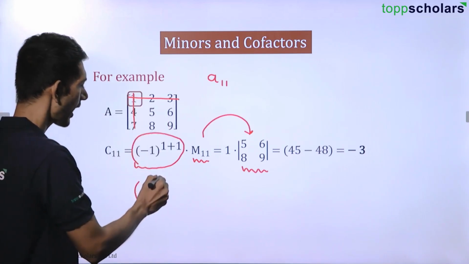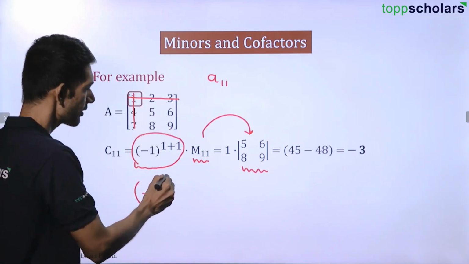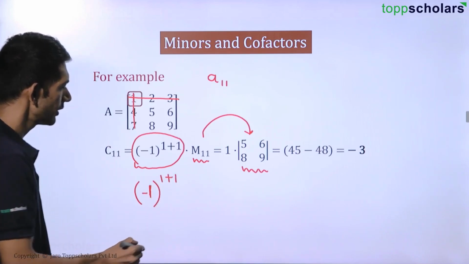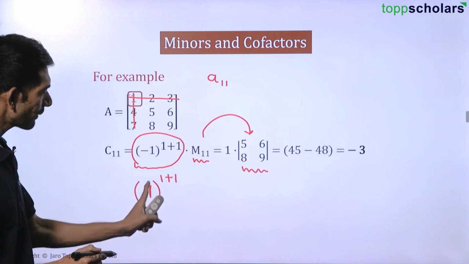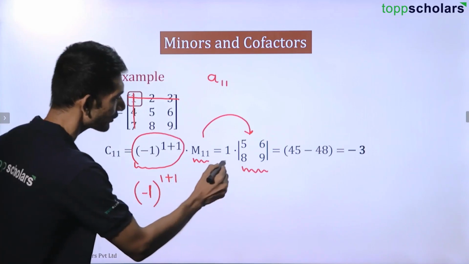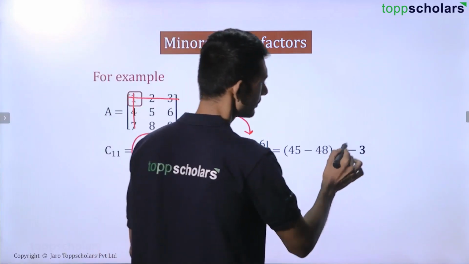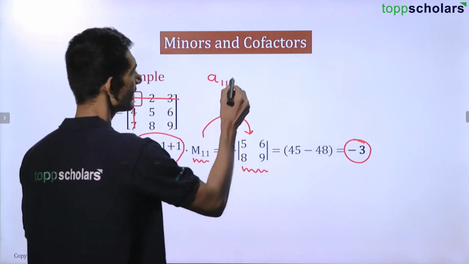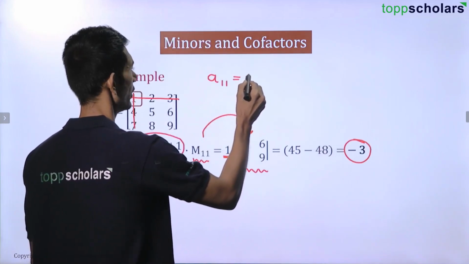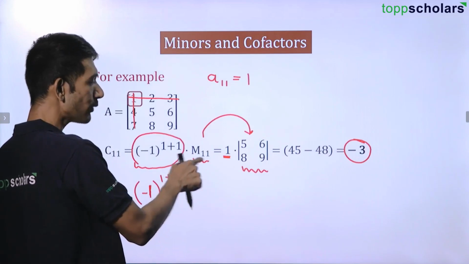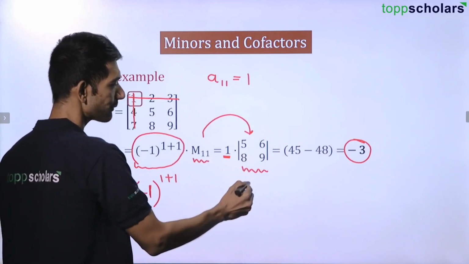What is i? i is the first row. What is j? j is the first column. That is why minus 1 raised to 1 plus 1 is minus 1 raised to 2, which is 1. And that is why you have 1 here. So here you get minus 3. So basically A11 is 1. M11, see, M11 is minus 3.